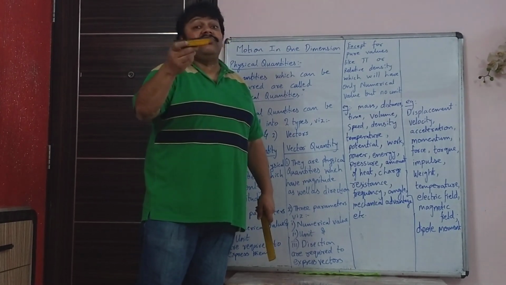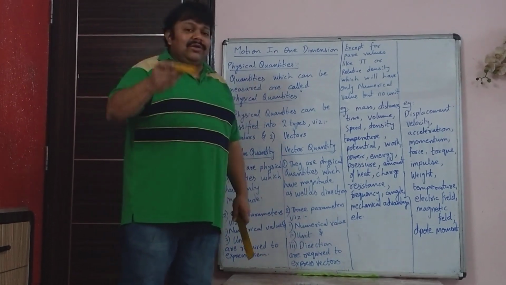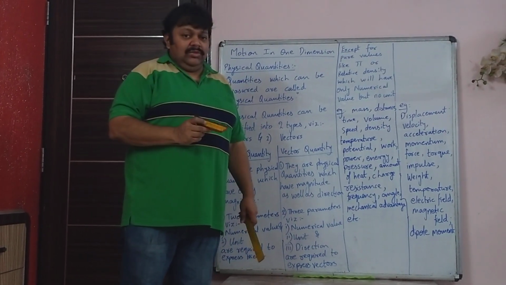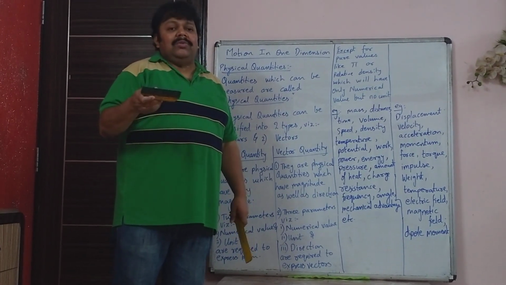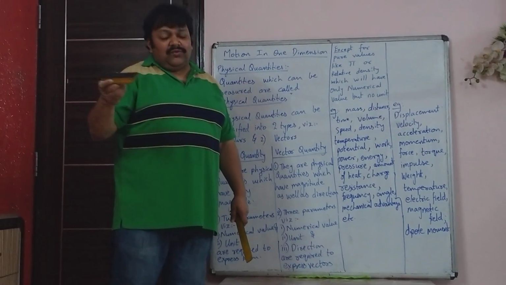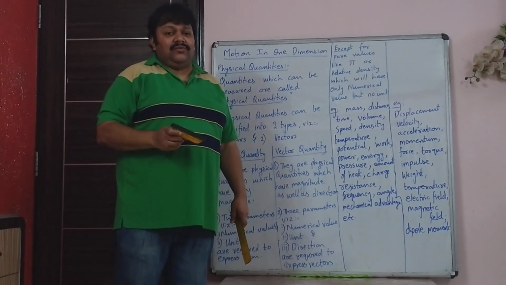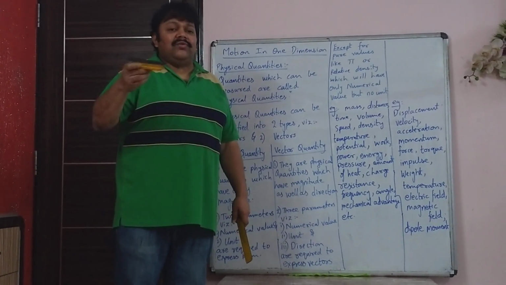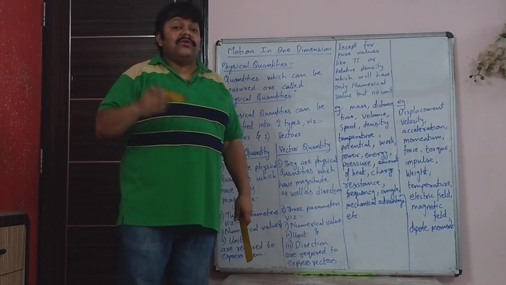It would be 50 GF. 50 gram was mass, 50 GF is weight. Of course, if you convert it into the SI system, it will be 50 upon 1000, that is 0.05 kg. Mass is 0.05 kg and weight is 0.05 kgf.